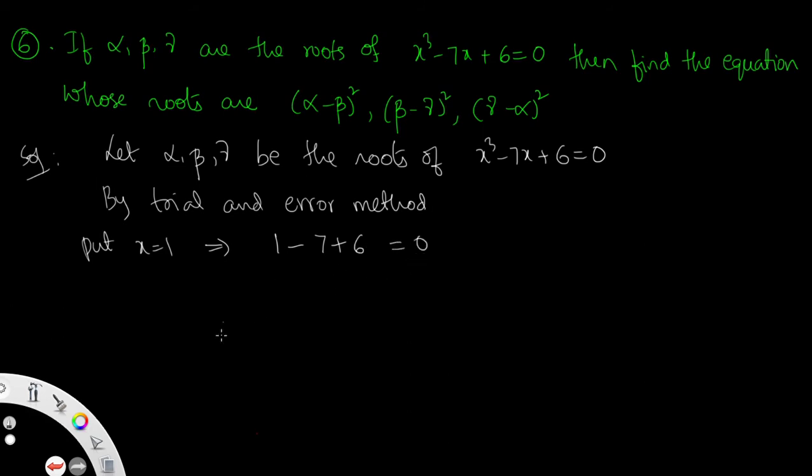Therefore x equal to 1 is one of the roots. So one of the roots is x equal to 1, which means alpha equal to 1.